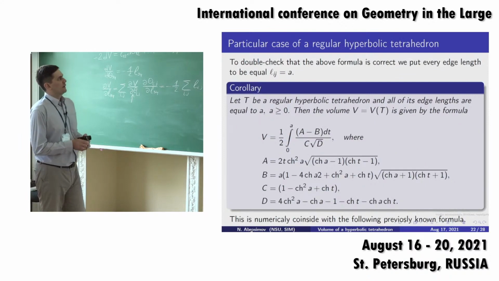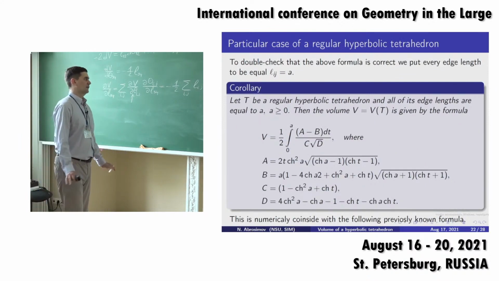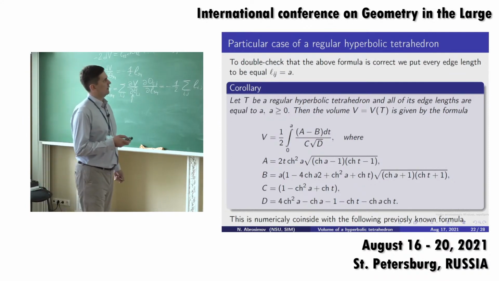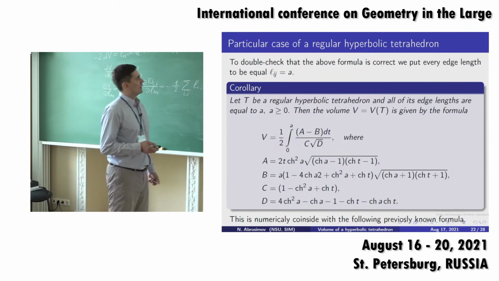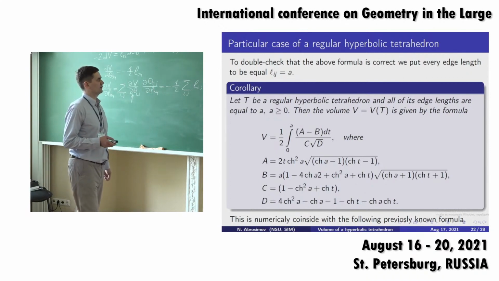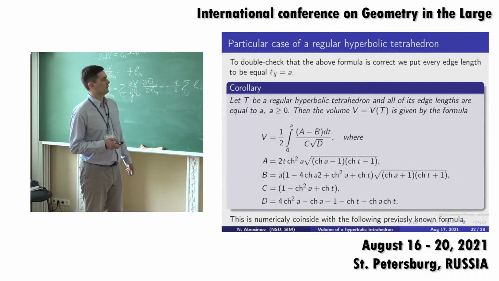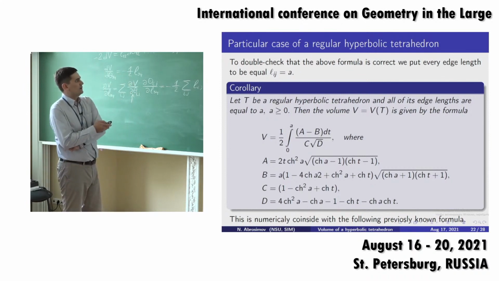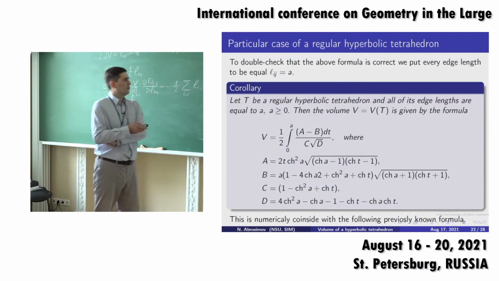So we put every edge length to be equal to some positive real number A, and as a corollary we get this simpler formula for the volume of a regular hyperbolic tetrahedron, a compact regular hyperbolic tetrahedron with all the edges equal to some positive real number R. And this formula numerically coincides with the following previously known formula.